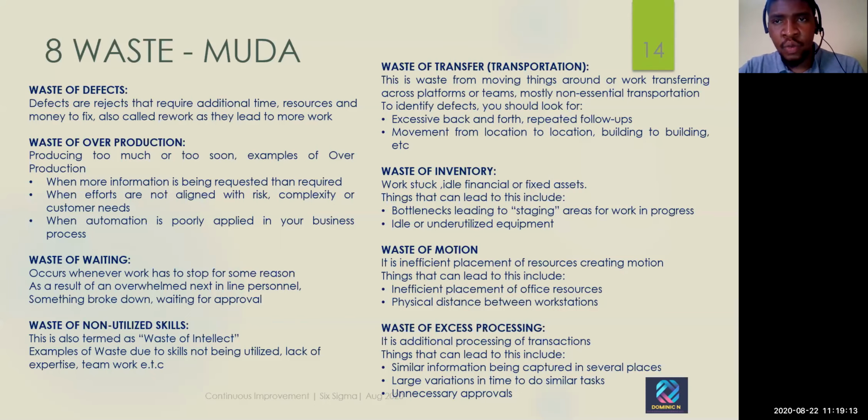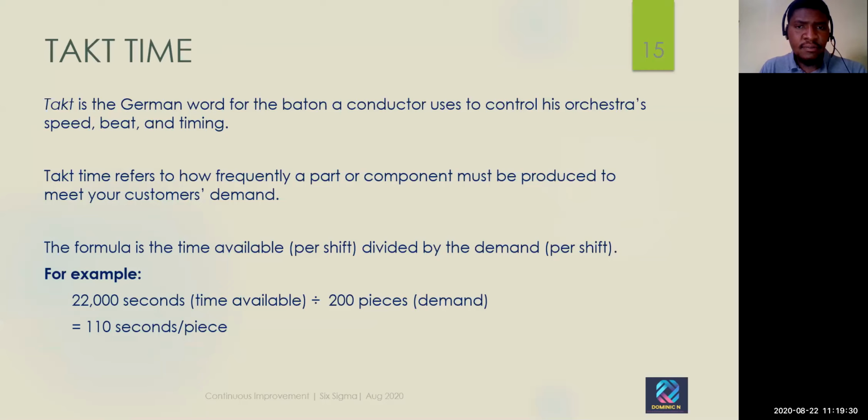So takt time is just a simple tool that is used most times to identify what you have to measure. It's a German word though. It talks more about how frequently a part or a component must be produced to meet the customer demand.